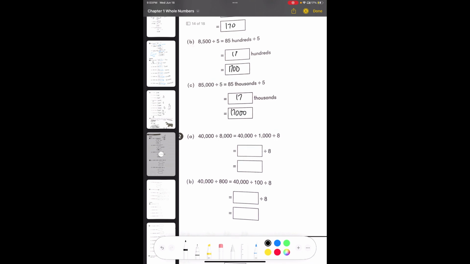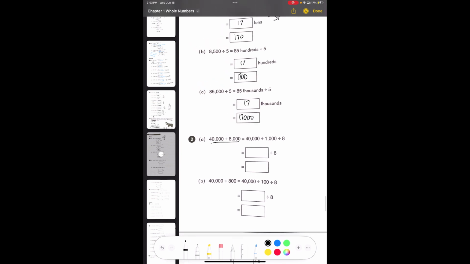And then we're going to do this. So this looks really complicated, and you think you might need a calculator or something, but you don't. Because as you see right here, you can just split up 8,000. If you want, you can split up 40,000 into 40 times 1,000 too.